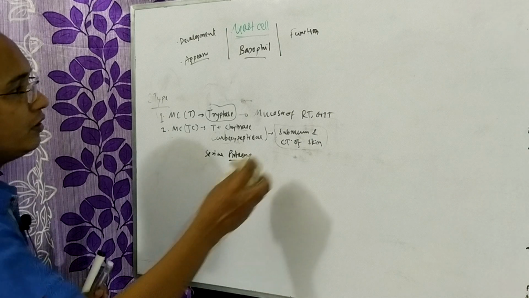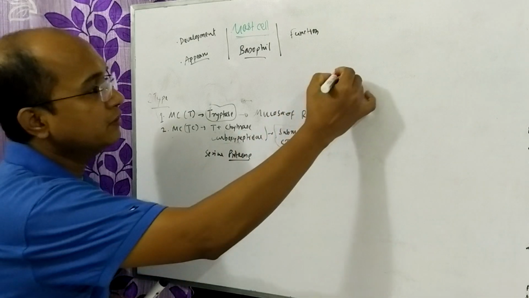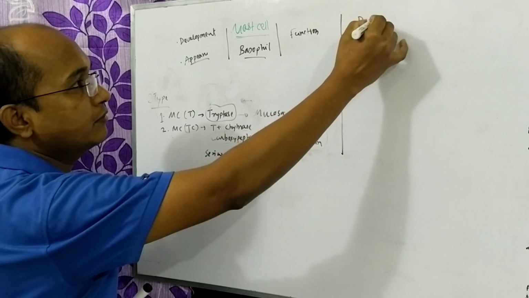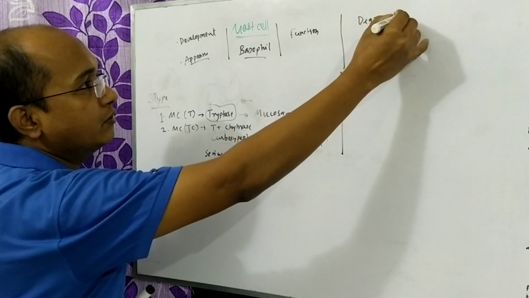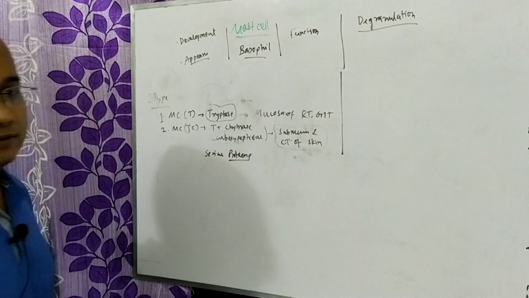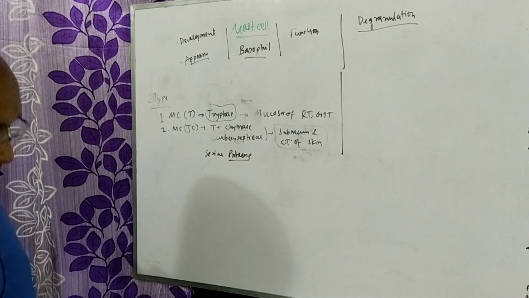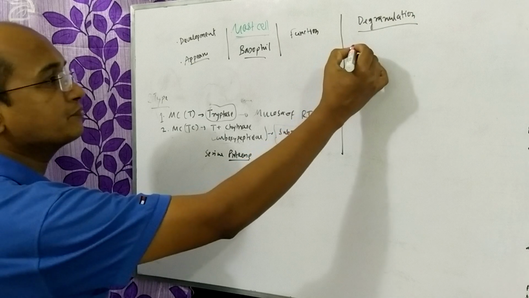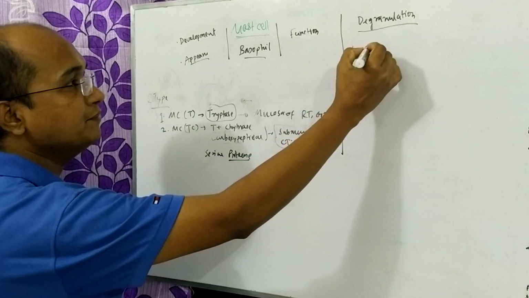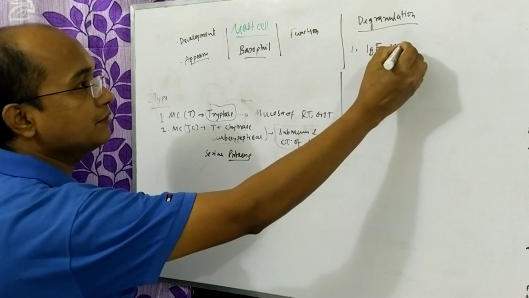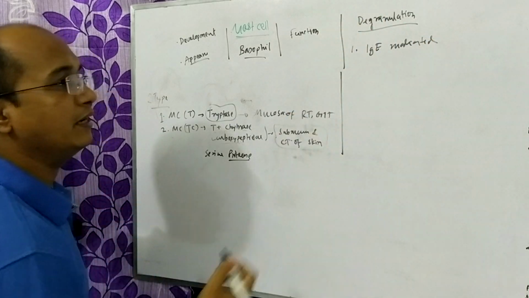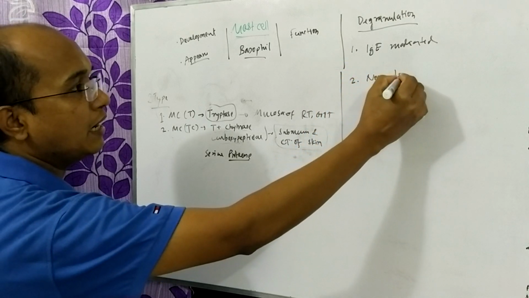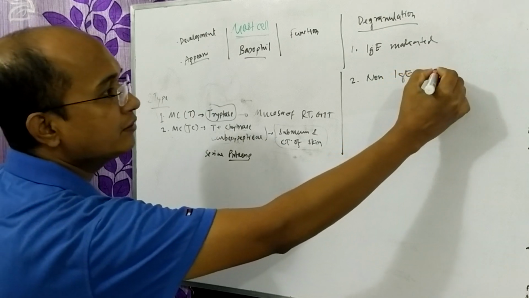Now I will talk about the process of mast cell degranulation. Mast cell degranulation is of two types. Number one, IgE mediated mast cell degranulation, and number two, non-IgE mediated degranulation.